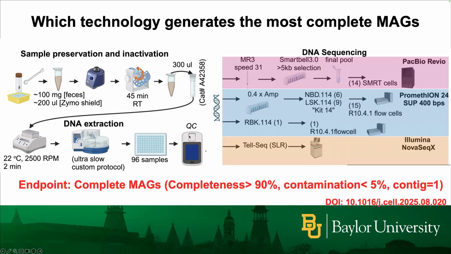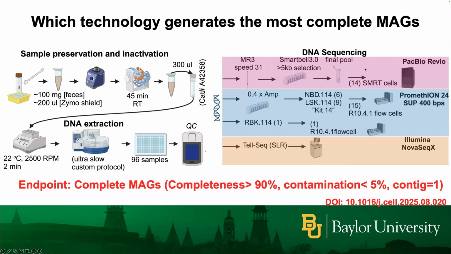So I developed this high molecular weight, high throughput DNA extraction methodology, which I can go into more if you're interested. We're currently writing a protocols paper on this, but as I mentioned, we processed these 8 participants in 6 time points, so 47 total samples through these varying technologies.